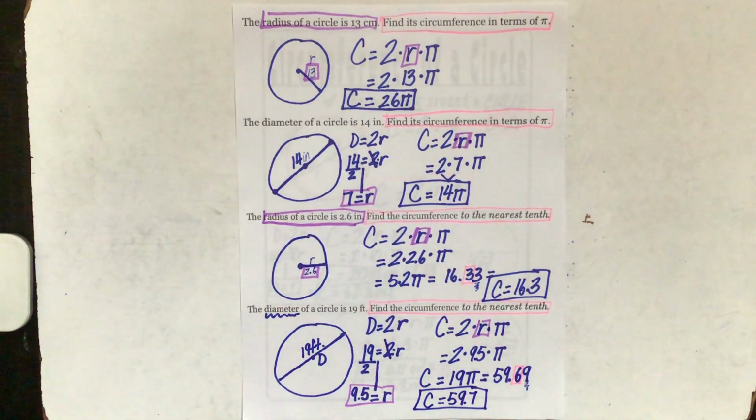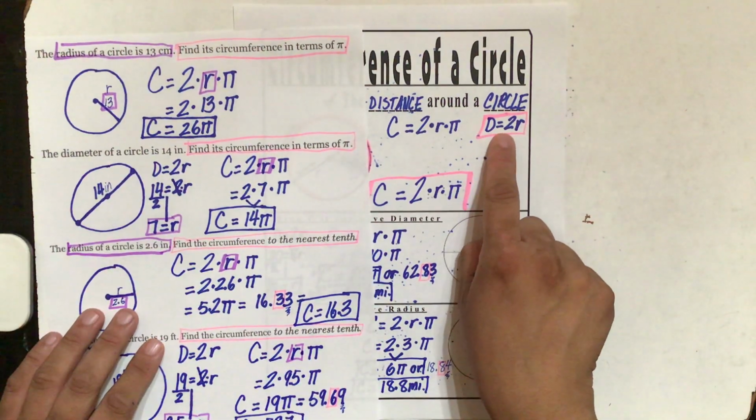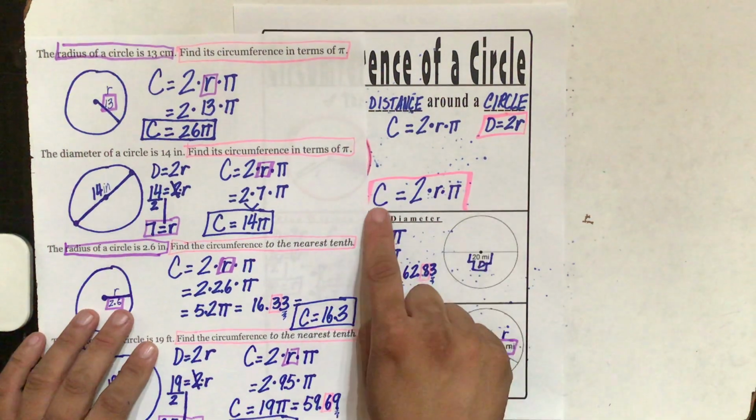Okay, so if you need to watch the video again, go ahead and watch it. Make sure you're doing the problems with me, right? It would make things much easier if you do the problems with me, okay? Remember, if you have diameter, D is equal to 2R.